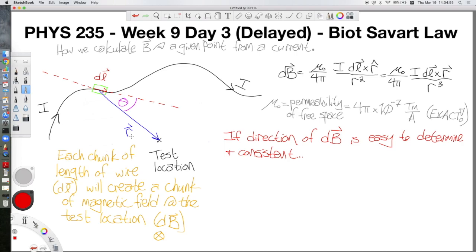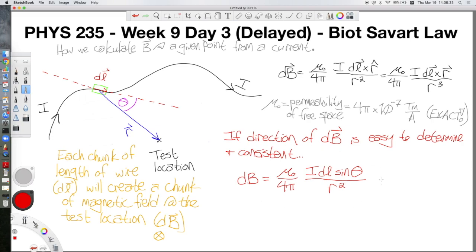So if we want to deal with a situation like this, then we could work in terms of magnitudes. And we could have dB, not vector, notice I've left that as a scalar, over 4 pi times I dl, and then the dl cross r hat would just become, in terms of magnitudes, dl times the magnitude of r hat, which is 1, times the sine of the angle between them, and then over r squared.